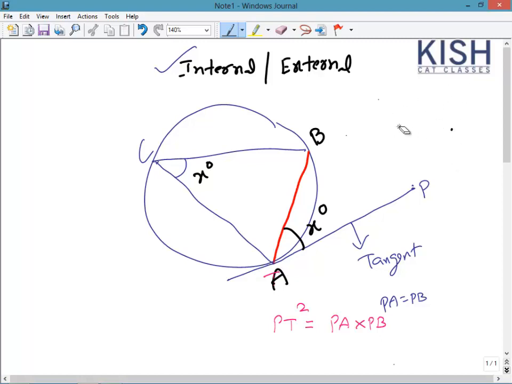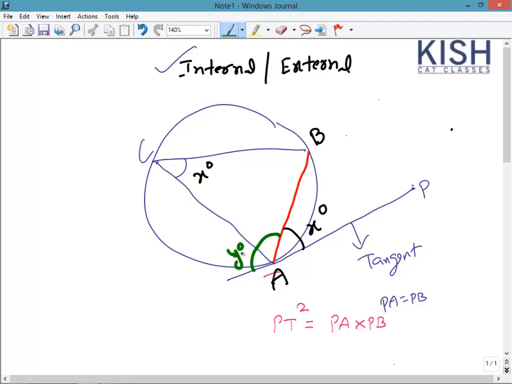Of course, theory is not needed. Now, if you focus on the other side, we know that one side is x degrees. If you take this other angle, it is y degrees.